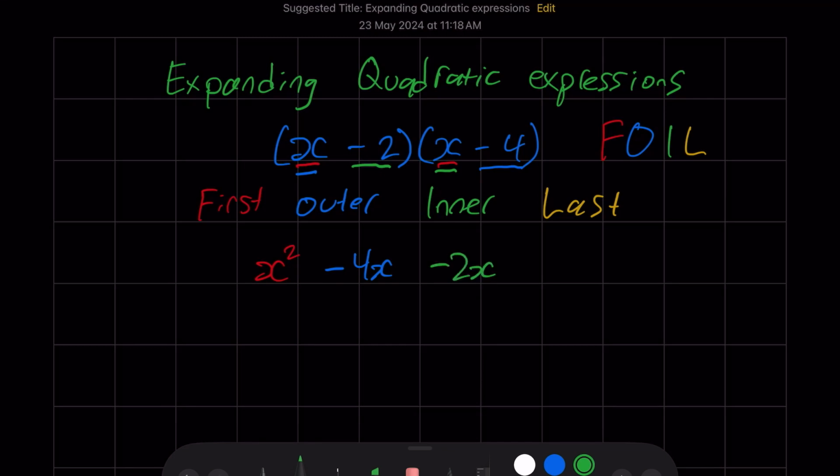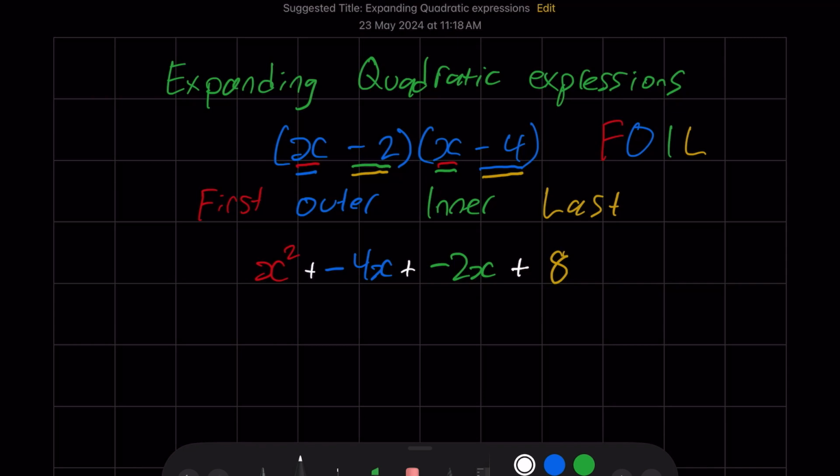Finally, our last in our first bracket, multiply with our last in our last bracket. Grab your calculators and you will see that -2 times -4 is +8. A negative times a negative equals a positive.